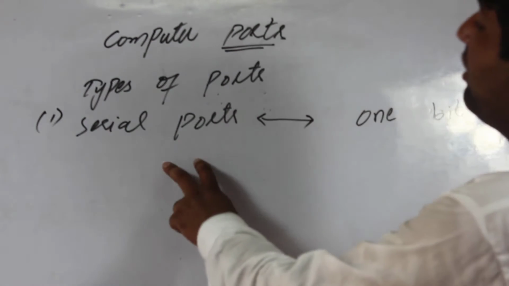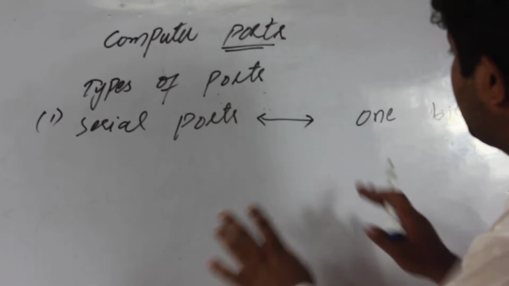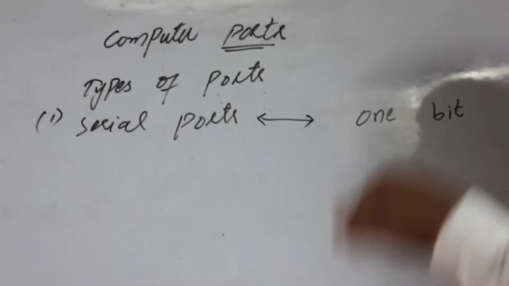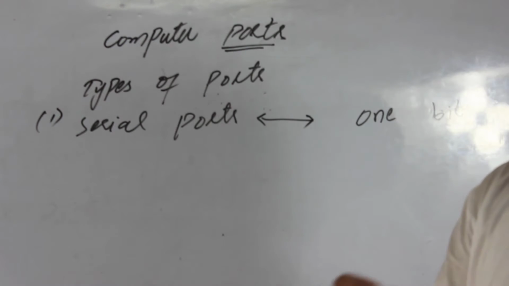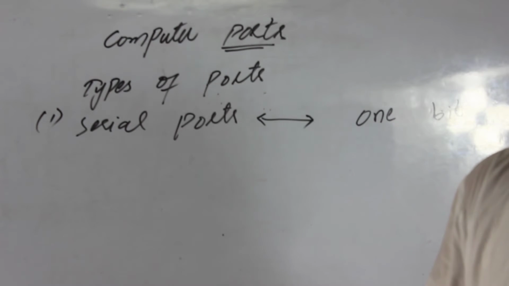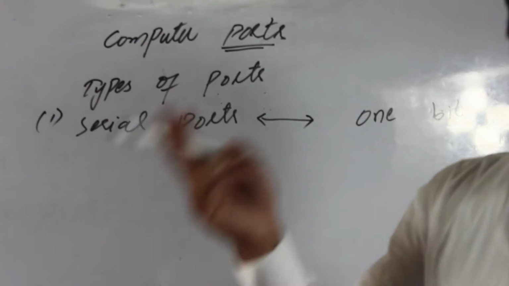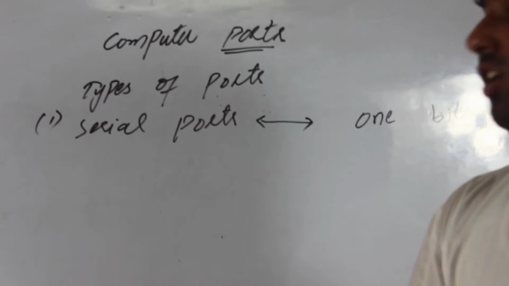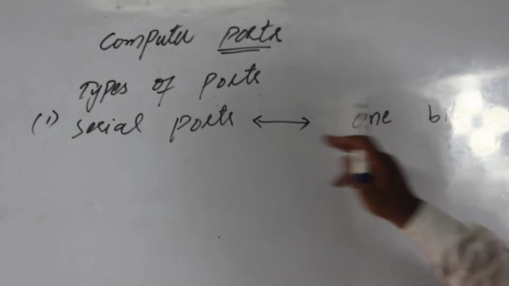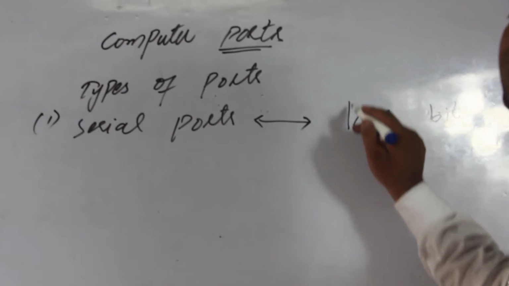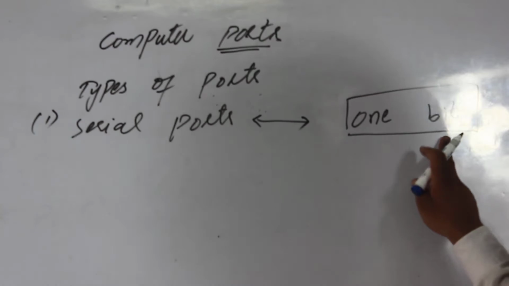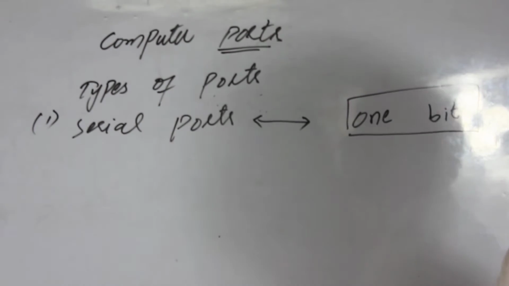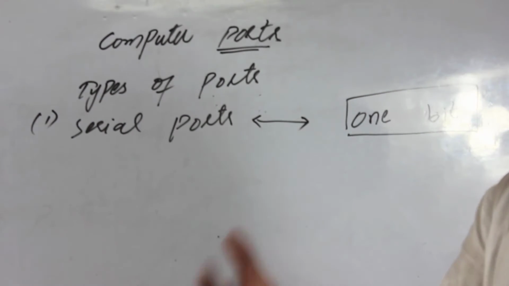The serial port is used as a socket to transfer data from one computer to another computer, or from hardware to any other hardware, such as hard disk to compact disk. We use the serial port when we transfer data of only one bit. Serial ports cannot be used for heavy data.